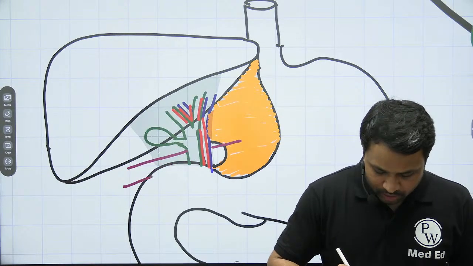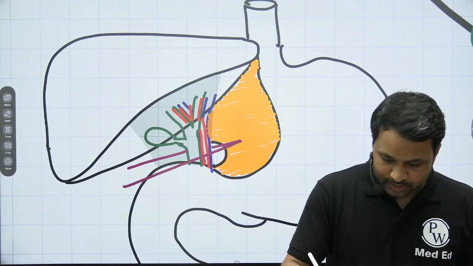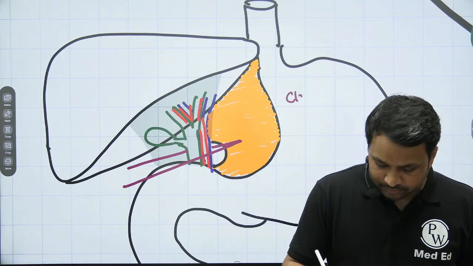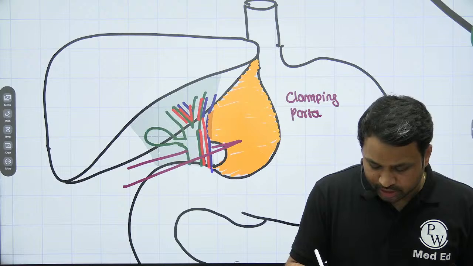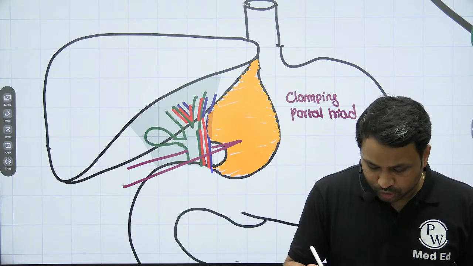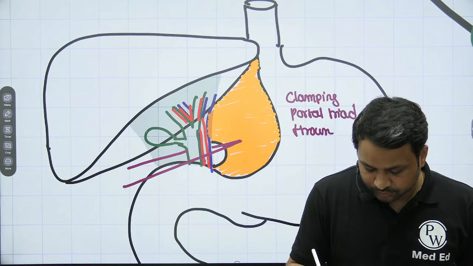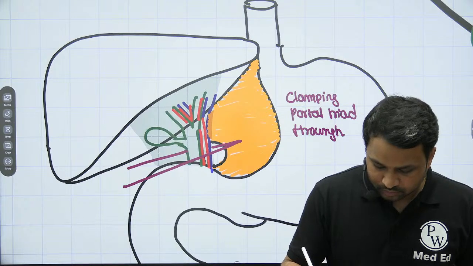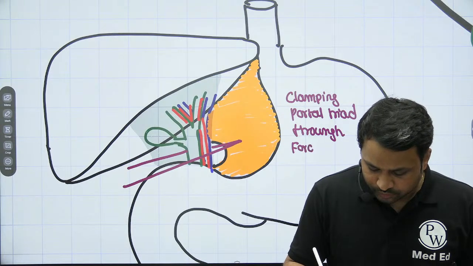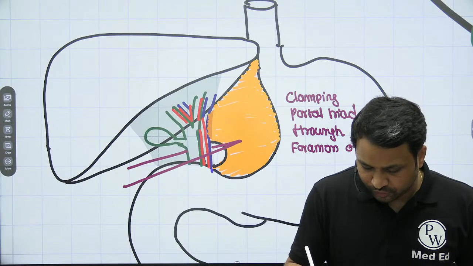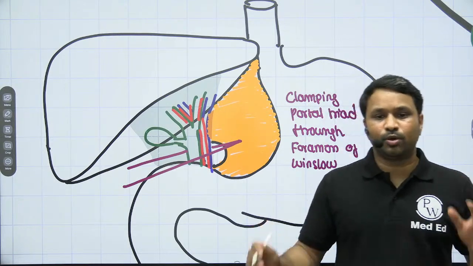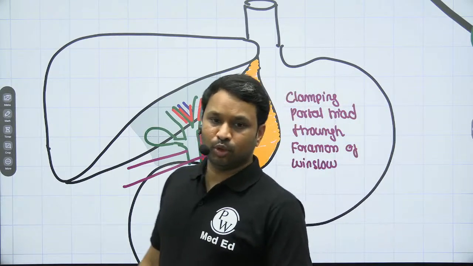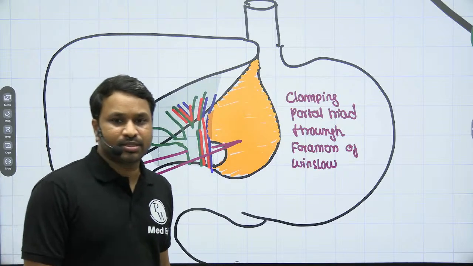So clamping of the portal triad through the foramen of Winslow is what we call the Pringles maneuver.